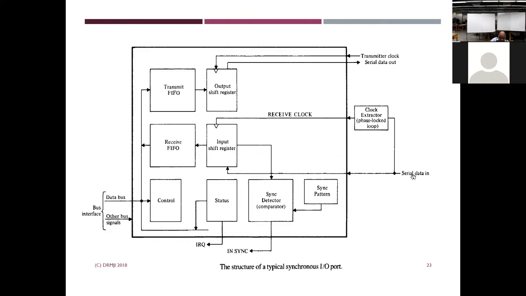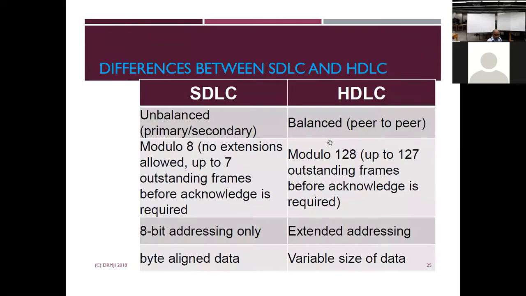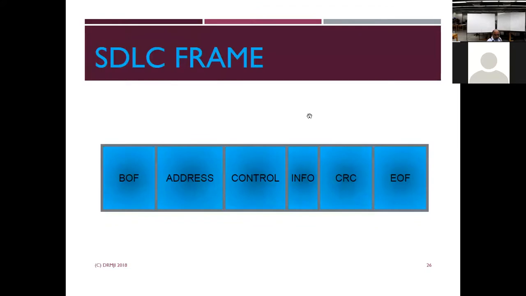Even if the remote clock generator stops sending clock for a while, there is enough time before the local clock generator can drift out of phase. So there is a drift time, and even before it drifts, the serial data in must get a clock to put it on the right path again. High definition link control was created after data link control, and we talked about that last time.